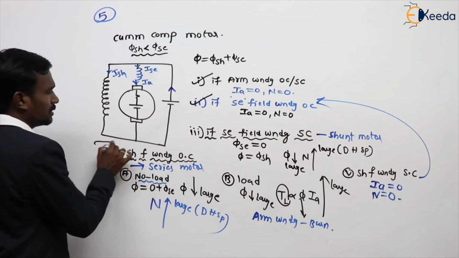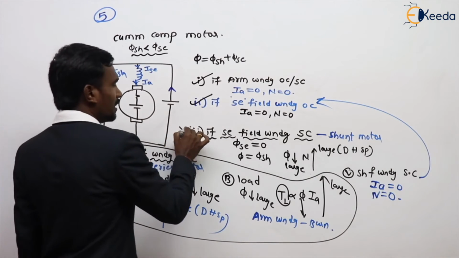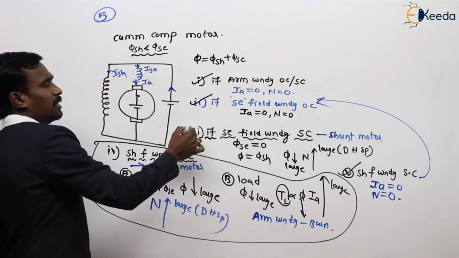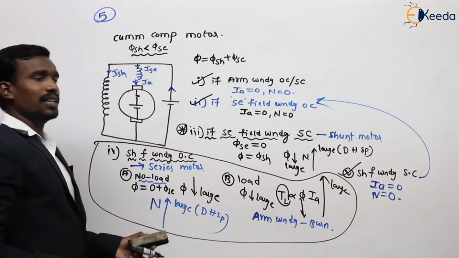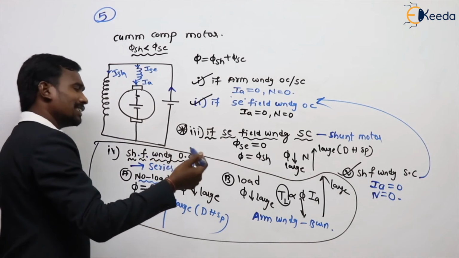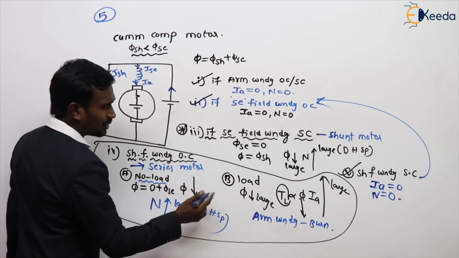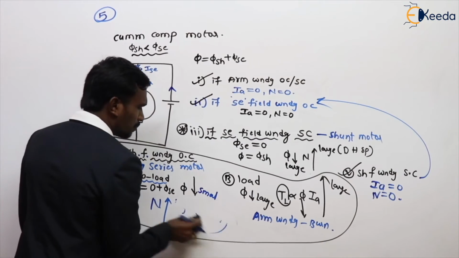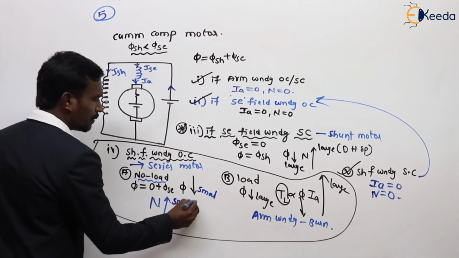Now we have to analyze this one. What will change? This change is already there, I read about that change. This is same, this is same, this is same. So this is changed, I know what changed, and this is also changed. Let's see. When the shunt field winding is open circuited, this acts as a series motor, of course. Under no load condition, there is a small decrement in flux. When the flux decreases a little, the speed also has a small increment.